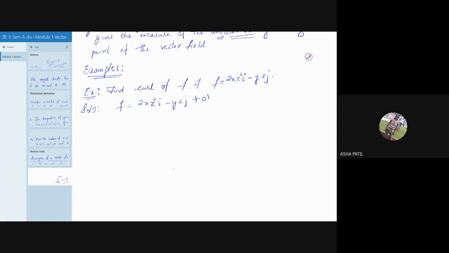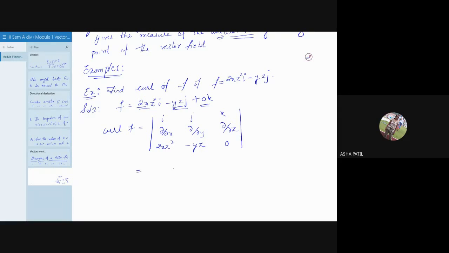So let us write curl F as the determinant of the components i, j, k, then dou by dou x, dou by dou y, dou by dou z. Then we write the i, j, k components of the given vector here. The i component of F is 2xz square. The j component is minus yz, and there is no k component, we'll take it as 0.